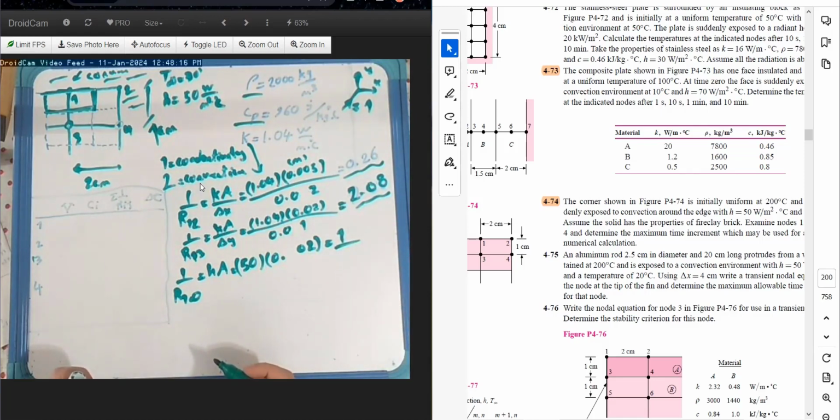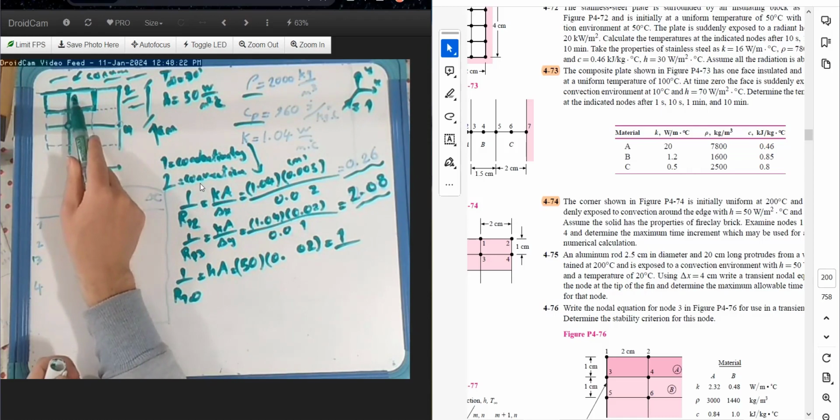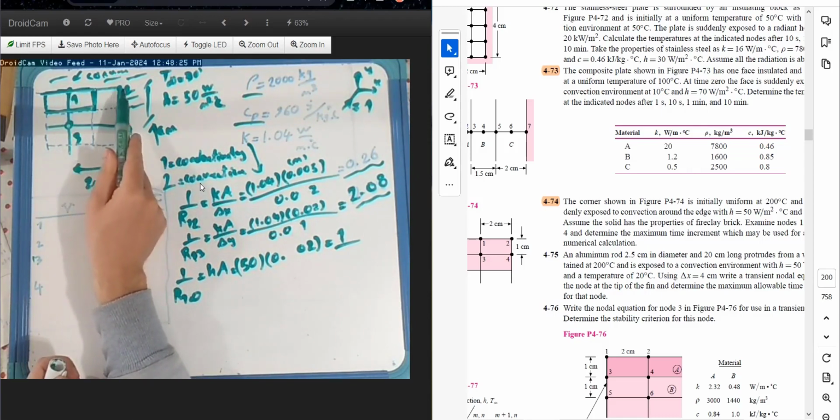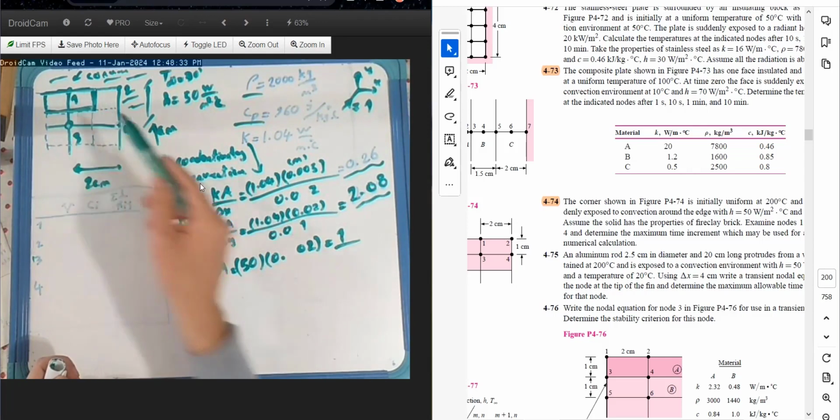So for point 1 we have 2 resistances, from 1 to 2, and from 1 to the left point, which we don't have here.